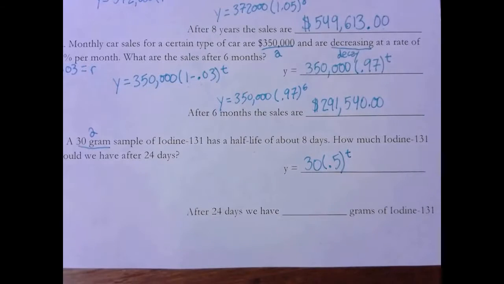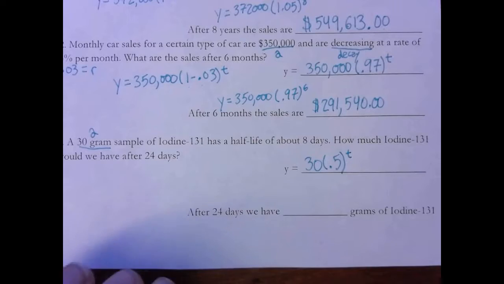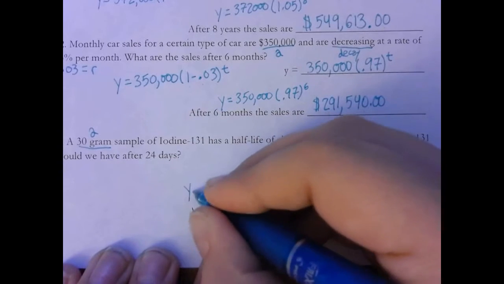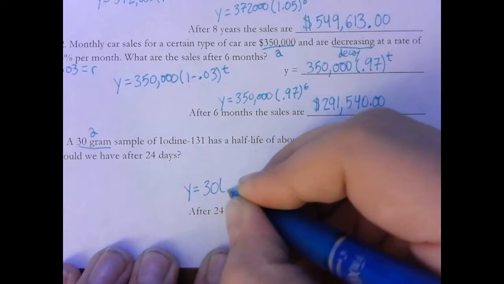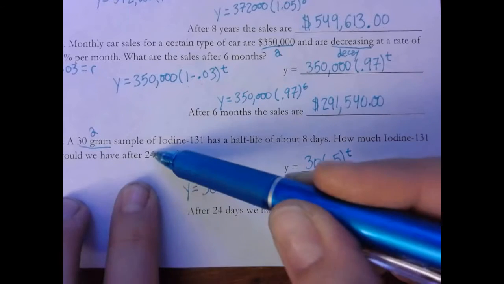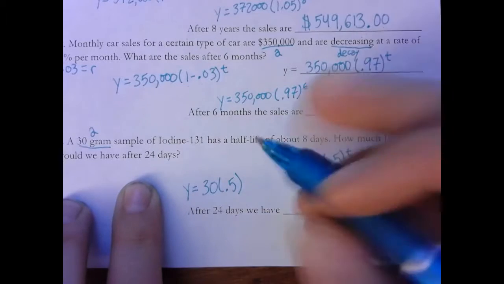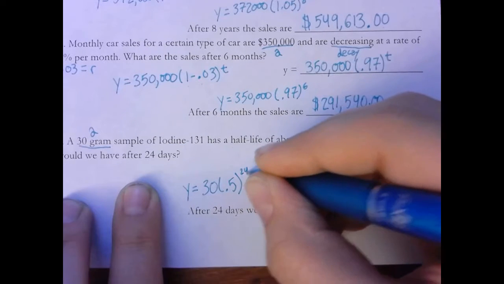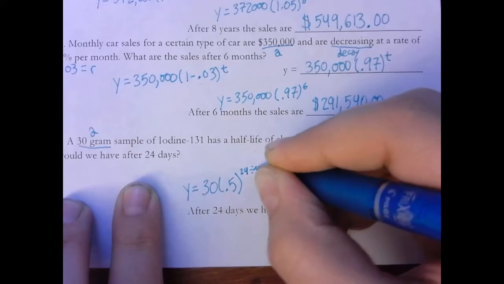Okay, we need to know how much we have after 24 days. That's a little tricky. So we said we have Y equals 30 times 0.5 to the T power, but with half-life, T is the amount of time over the half-life. So we want 24 days divided by 8 days. So 24 divided by 8.